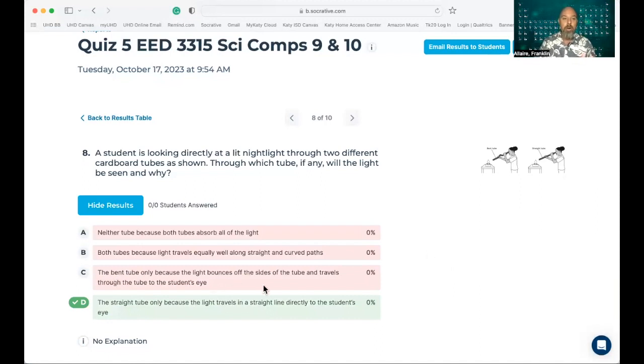So as C describes, the bent tube, because light is bouncing off the sides of the tube, travels through the tube to the student's eye. Yes, there is a distinct possibility that light will bounce off of the sides of the tube and get to that student's eye. However, between a bent tube and a straight tube, the straight tube is going to be much, much better for observing that light, and that's what makes D the more correct answer.